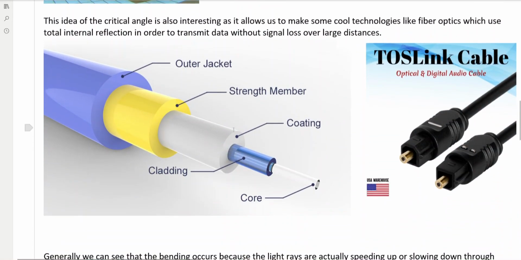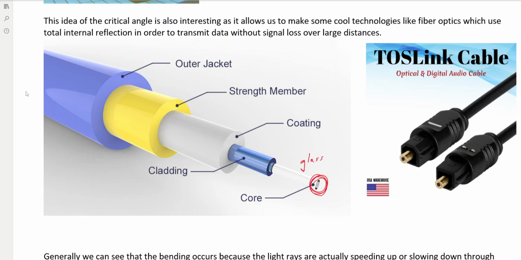This idea of total internal reflection is really important because we use it in fiber optics. This is just a diagram of what a fiber optic cable would look like. Down here is the core, and the core is usually some sort of glass, which is why it's pretty dangerous to play with this unless you know what you're doing.